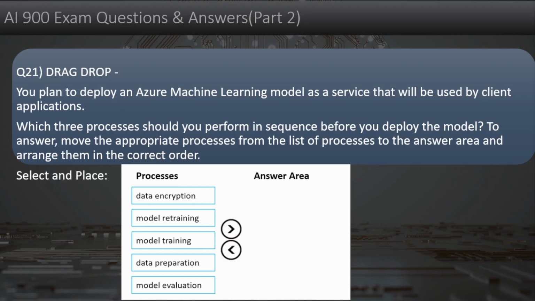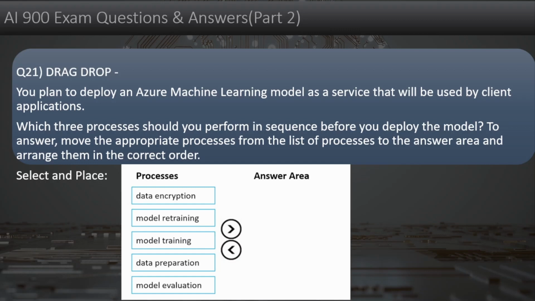To answer, move the appropriate processes from the list of processes to the answer area and arrange them in the correct order. So here we have some options: data encryption, model retraining, model training, data preparation, model evaluation.